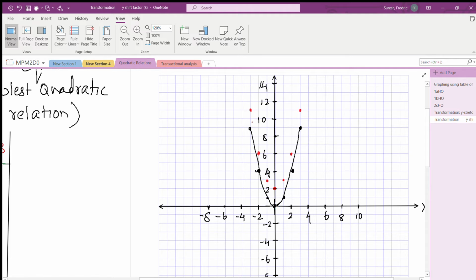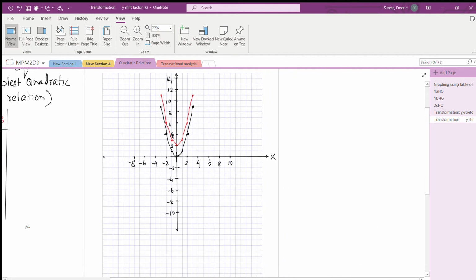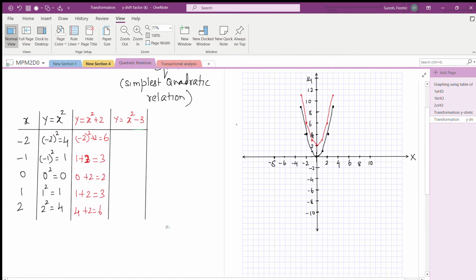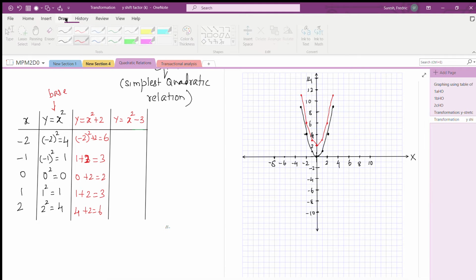So now we have a graph. It looks like this. So what do we conclude? Let's zoom in and look at the numbers and make a conclusion from here. The original graph, the base graph, has now been moved up by 2 units. It has been shifted up by 2 units, and that's what you see here in the graph as well.